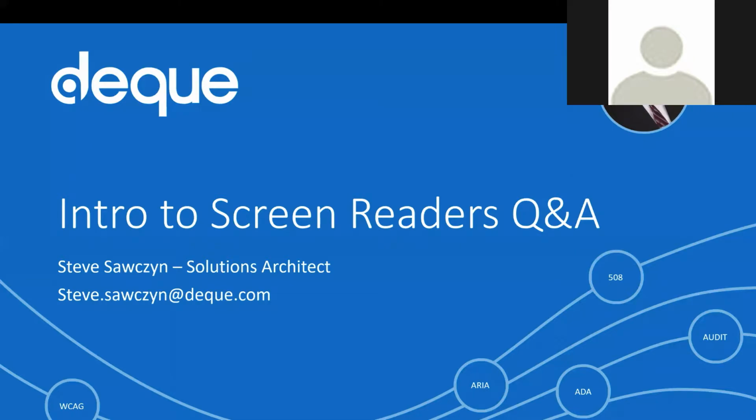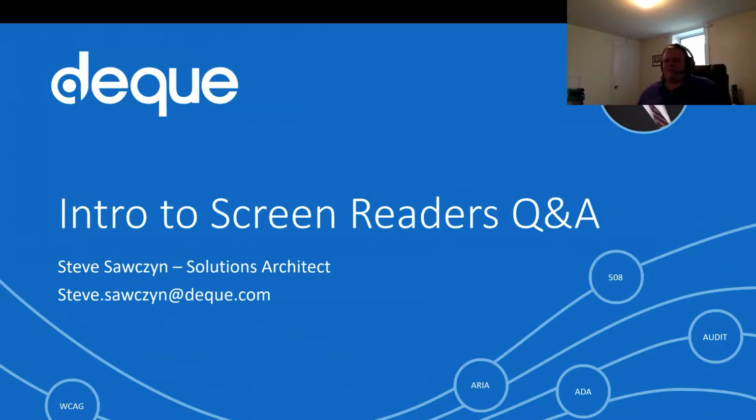Great. Thanks, Steve. Got another one here for you. Is there a limitation to the number of characters of alt text a screen reader will read? We have heard that screen readers will ignore anything beyond 125 to 150 characters of alt text. Yeah, I'm going to say I don't know that, but I don't think the limit is a hard-coded limit anymore.